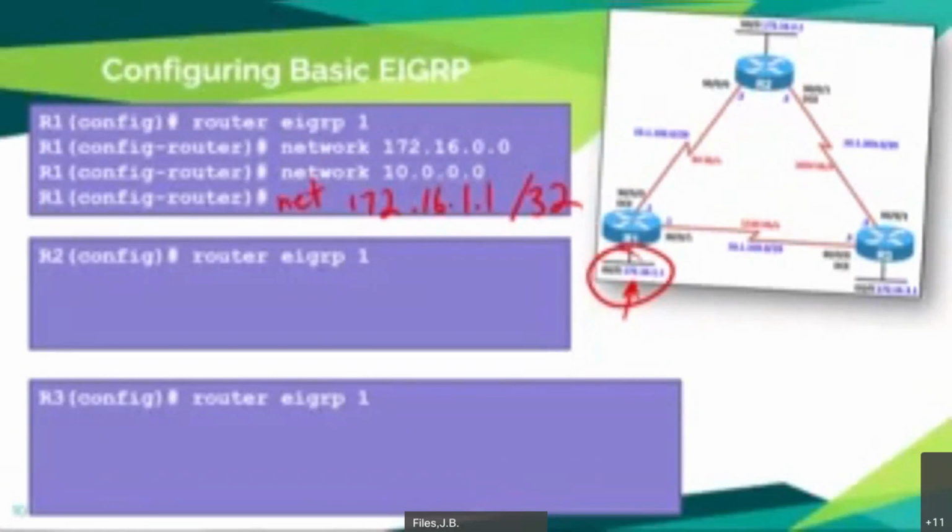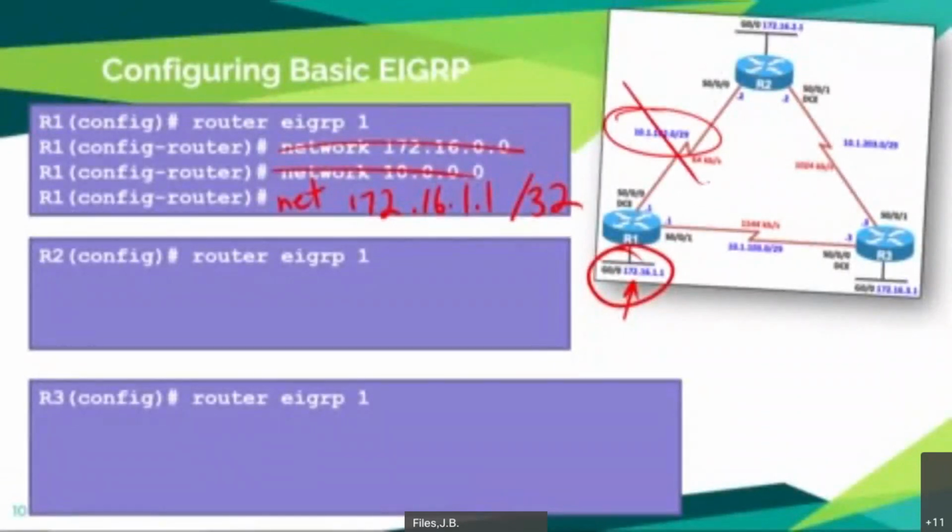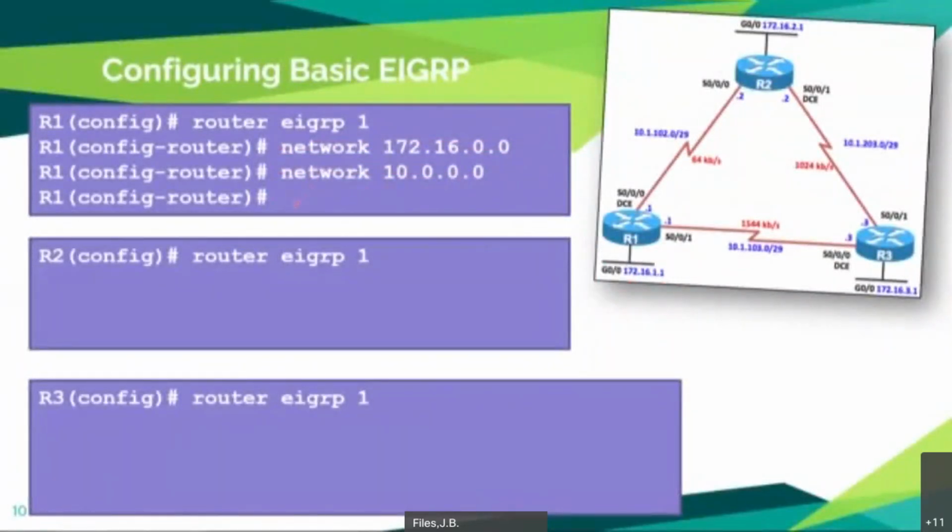Now, me personally, I probably wouldn't use those network commands as my first choice. I might use the actual network. However, that also is not my first choice. My first choice would be to use the default route method. It's not really a default route, but it's the equivalent, right?